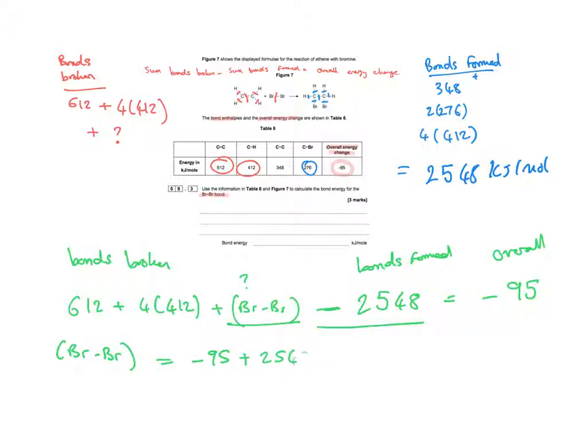So add that, take away this, take away this, and doing that calculation, I'll get my answer of 193 kilojoules per mole. Is this sensible? Well, it's in the same ballpark as all the others, so yeah, I'm happy with that.